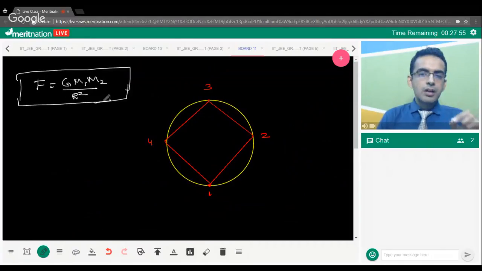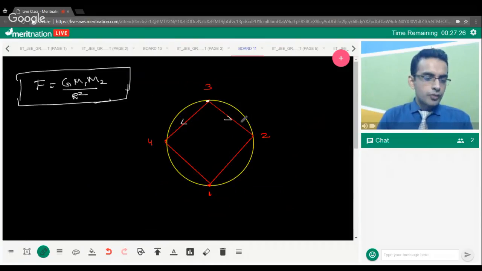So we will consider only one point. Okay, let's say we consider point number 3. So tell me one thing. How many gravitational forces are acting on point 3? You can understand that there are 3 particles except point 3 that are applying gravitational force on it. Very good, Braj Kishore and Bhagyashree.